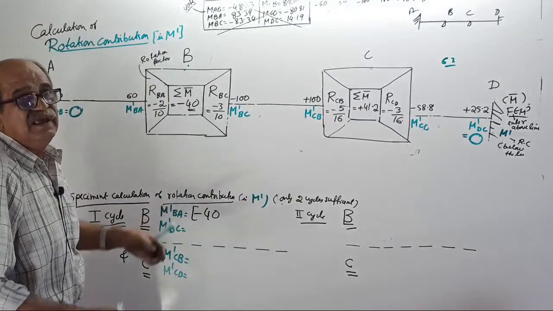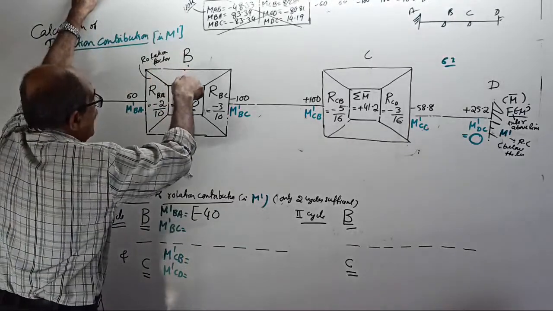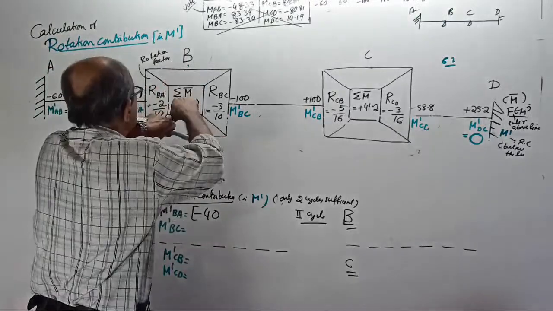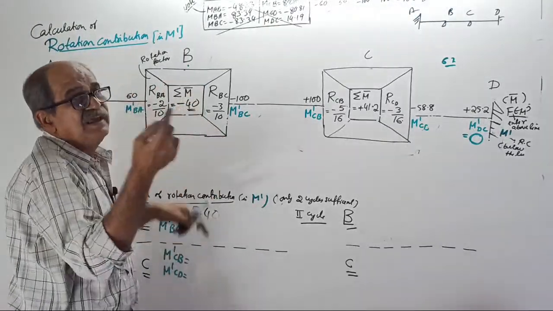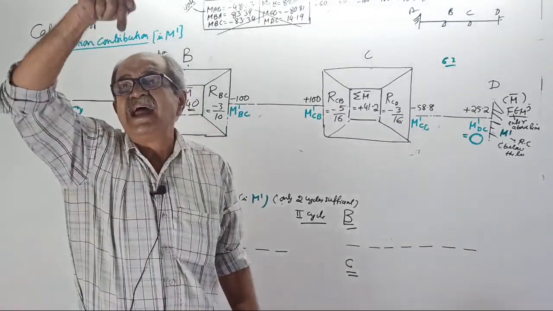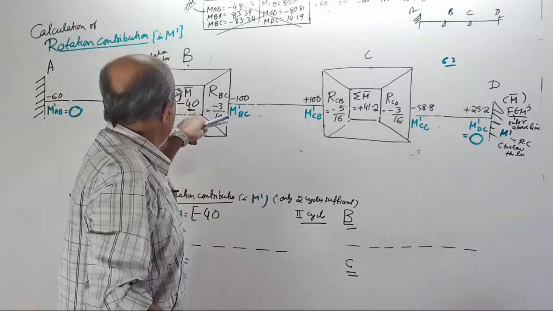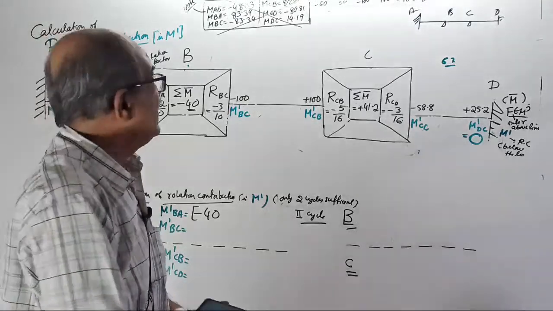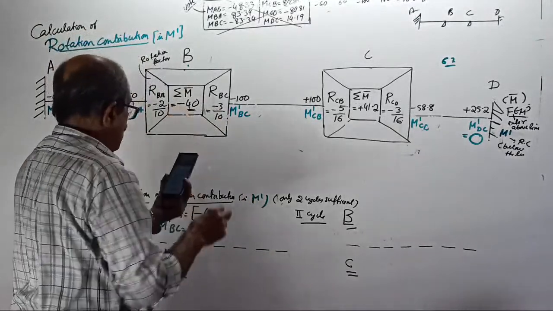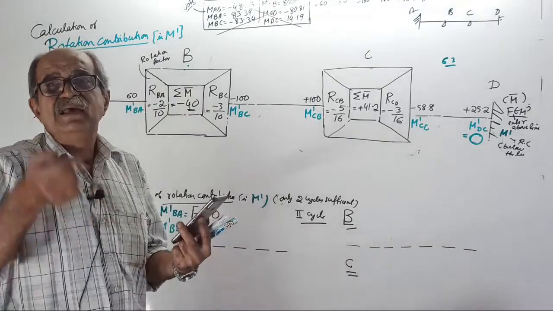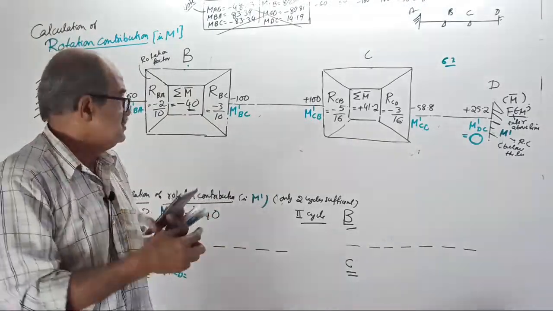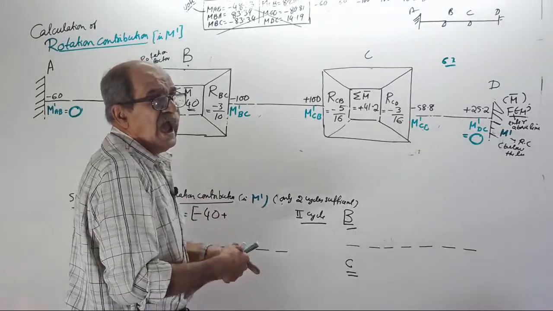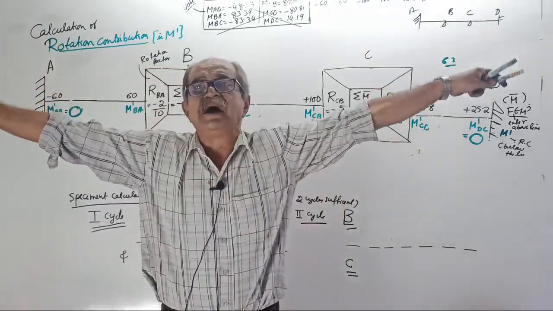Correct? The first term is the sum of FPM or crude method, the inside the box value, which is minus 40. Clear or not? Systematically, the sum of the FPMs or crude method inside the box value, plus rotation contributions at the far ends.